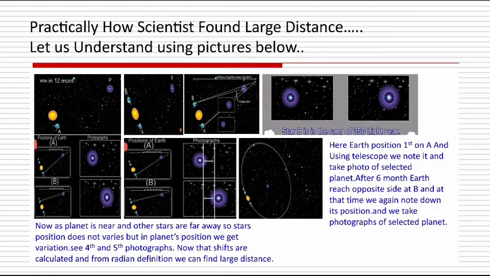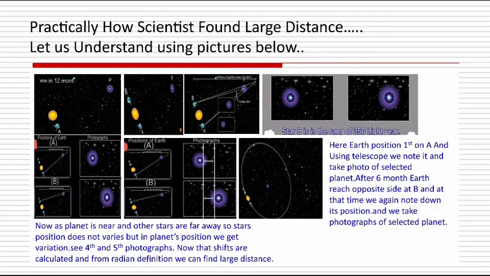In the first picture, position A denotes the Earth's position at the current time, and at position P there is a planet, and around the planet there are many stars which are very far away.